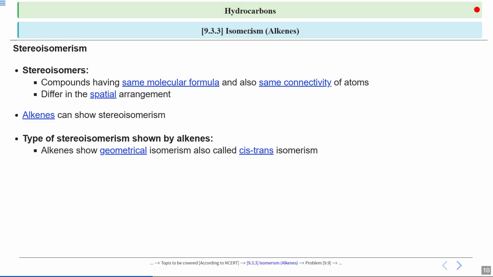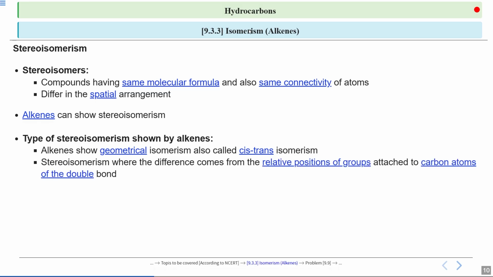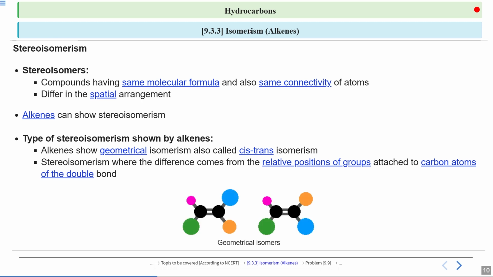This type of isomerism is crucial in understanding the properties of different alkene compounds. Geometrical isomerism arises from the relative position of the groups attached to the carbon atoms of the double bond. This spatial difference can lead to distinct physical and chemical properties.